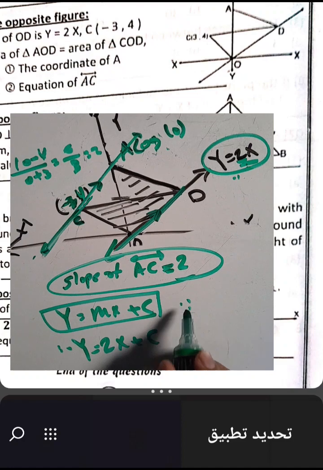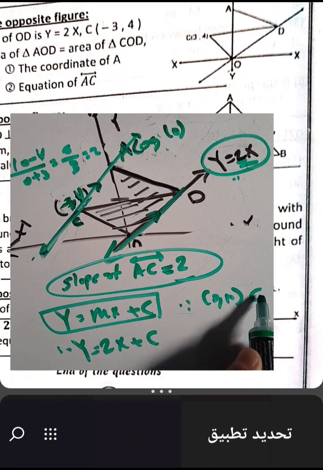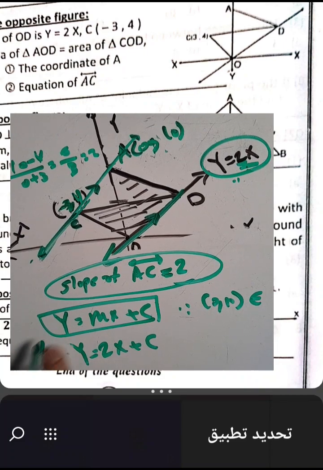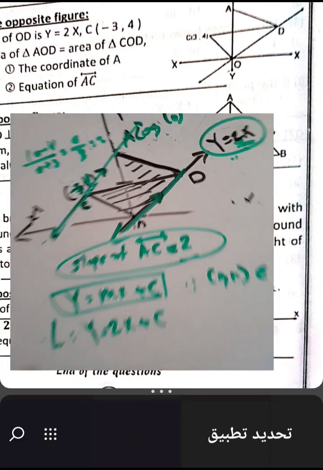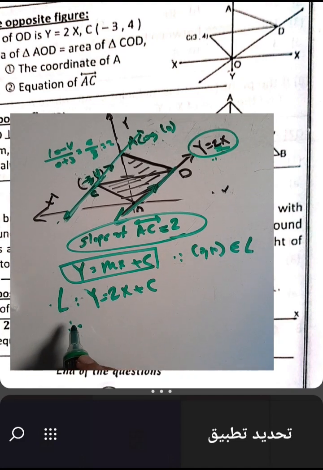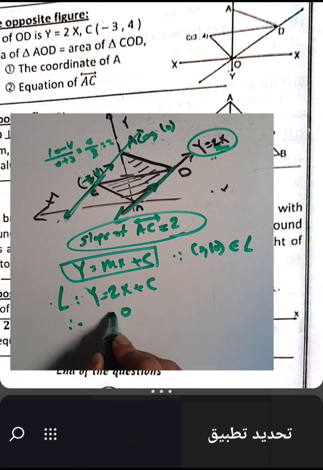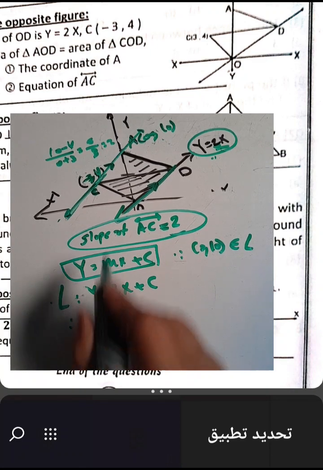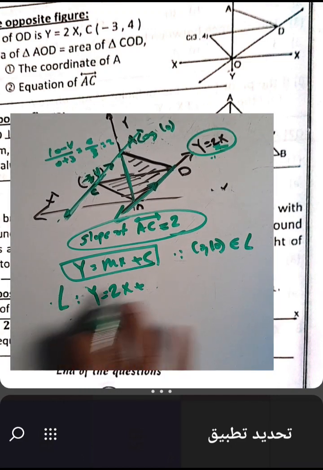We can find the constant by putting in the point 0 and 10 belonging to the straight line L, which satisfies this equation. Putting x equals 0 and y equals 10, the constant will be 10, then the equation will be y equals 2x plus 10.